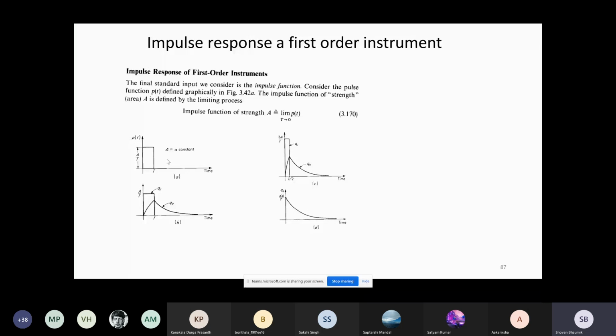For that small width, the signal is going to rise for that time, and then it gradually decays exponentially because there is no input.